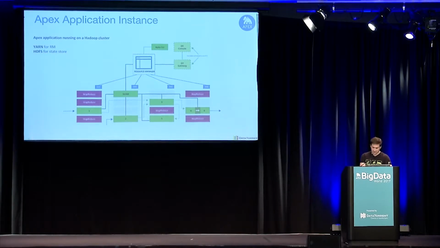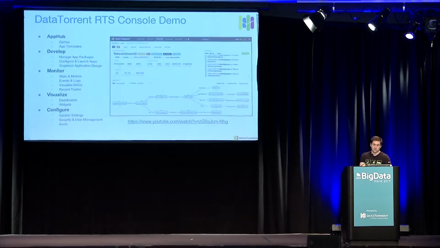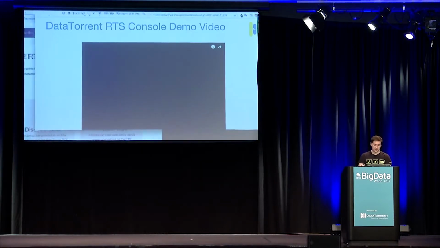It's executed on a Hadoop cluster, where resources are managed by the YARN resource manager, and it uses HDFS for the persistence layer. We'll cover all those things and more in the demo. So let's jump into the demo now.